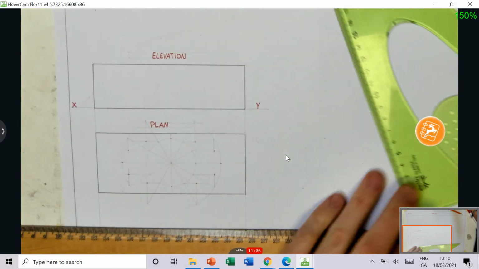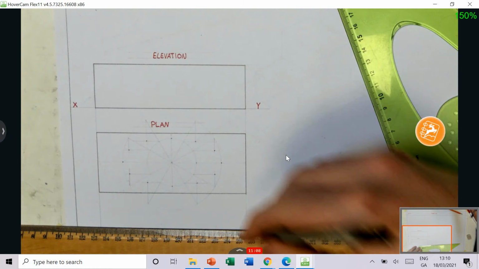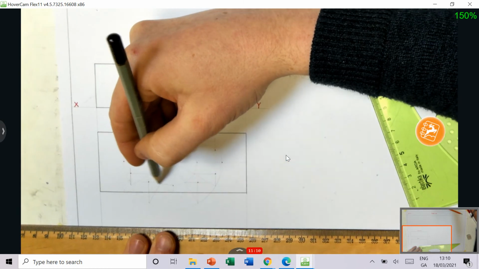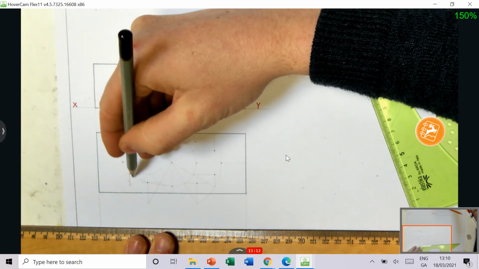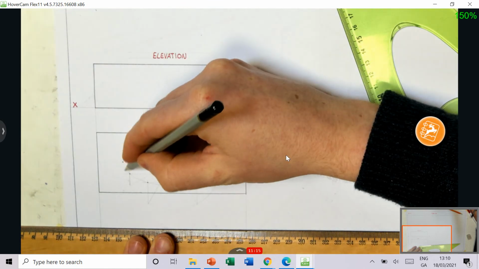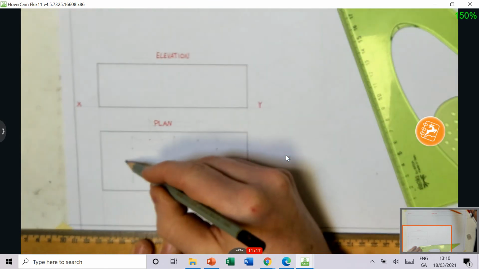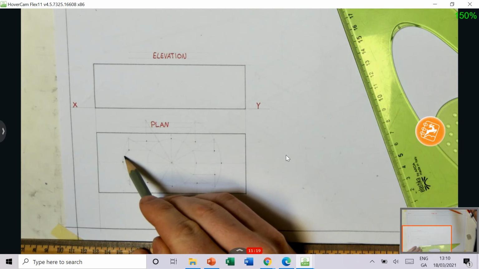Okay, so I found now 12 points on my ellipse, and what I want to do is just go over this with a firm line, or a construction line first. So I'm just joining these dots up with a construction line first.